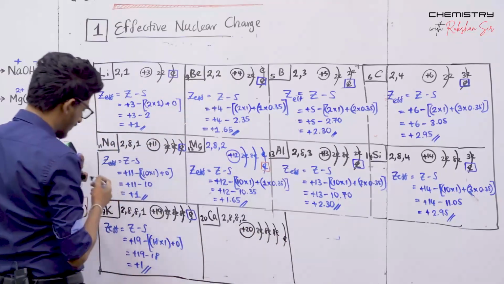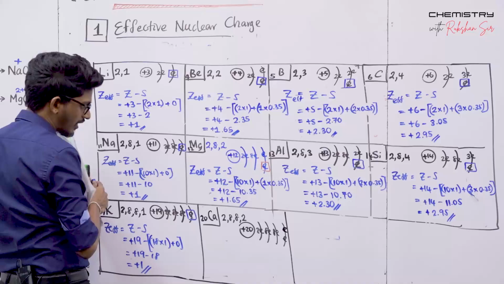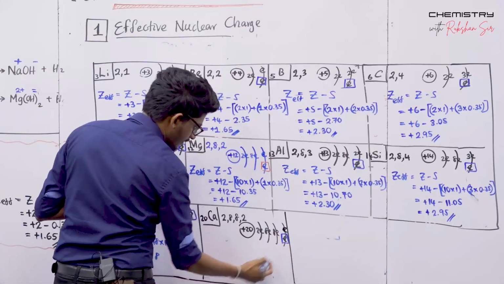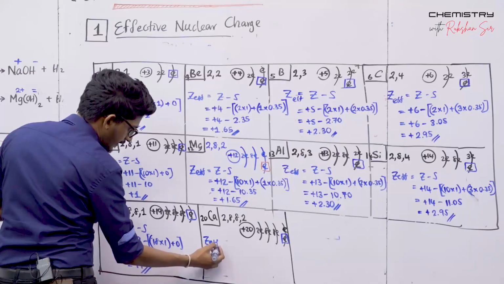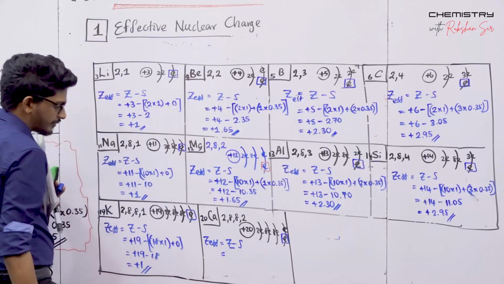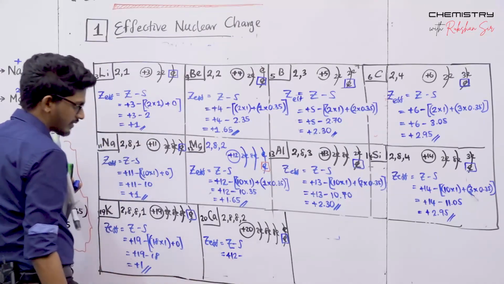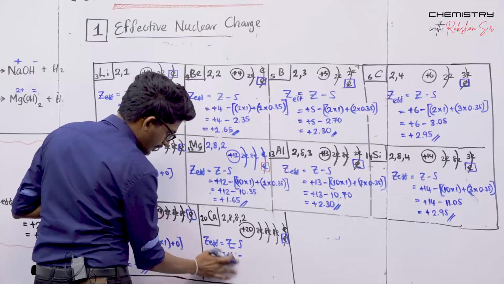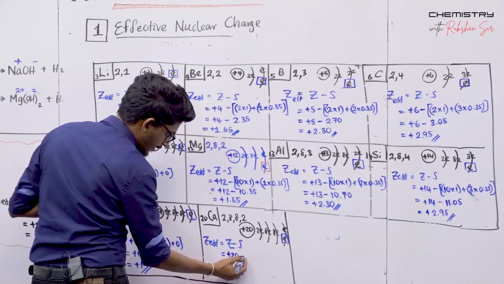The 2 means other than the considering electron you have only 1 electron here. So Z effective is Z minus S. That is plus 20, the nuclear charge, minus the shielding.